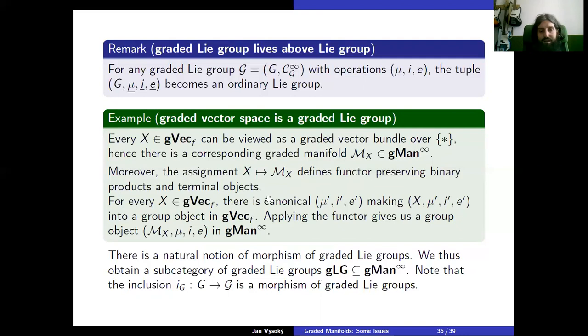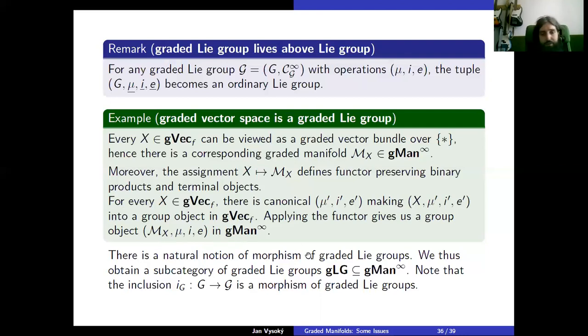And therefore, if I have a group object and a functor which preserves products and terminal objects, I can apply the functor to all the objects and all the maps, and I obtain a group object in the category of graded manifolds, and this makes this four-tuple into a graded Lie group. So every graded vector space can be viewed as a graded Lie group.